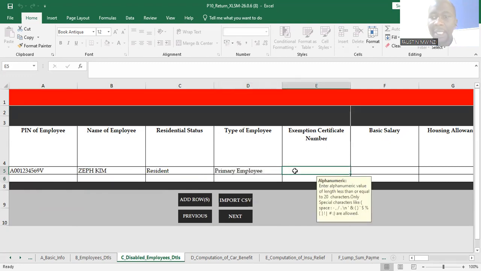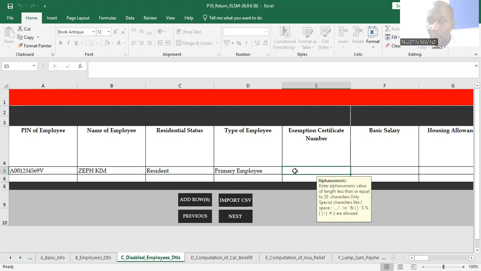Now, this is the most important thing. Exemption certificate number. If you're a person with disability, you don't just imagine it. You don't just imagine you have a disability, like the way some of us are losing eyesight gradually, and then you say, because of this, I'll go to my employer and tell them I'm partially blind. No, you must go to the National Council for Persons with Disabilities.